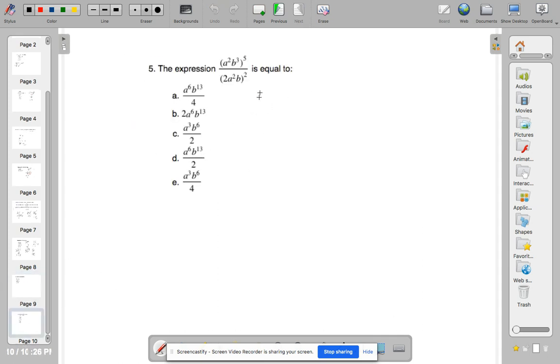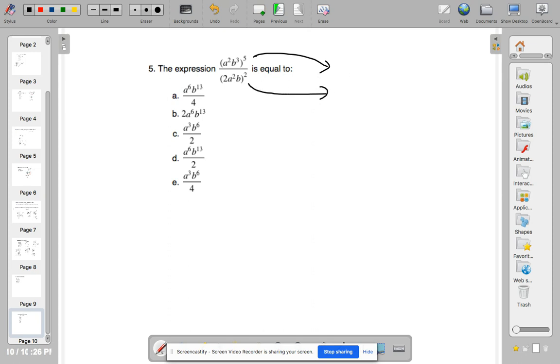Okay, more complicated problem here, and my last question for this video. What we're going to do here is do the 5th and 6th index laws we discussed before. So first up, I'm going to remove the brackets on the top and then remove the brackets on the bottom.